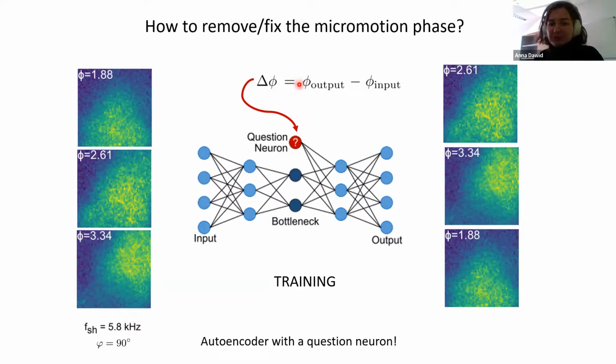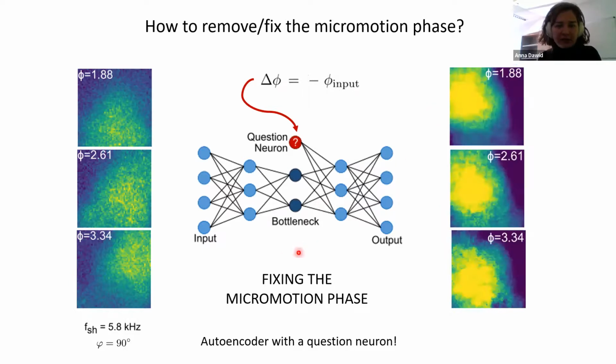So we basically wanted to create a machinery that would be able to change the micromotion phase of any image by any phase that we want. And thanks to training on many pairs of such data, we came up with the autoencoder, which we can then use in such a way.